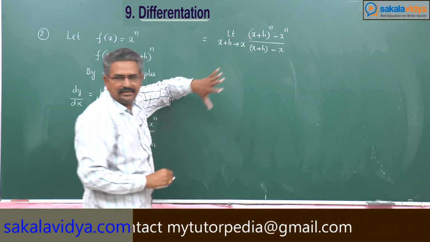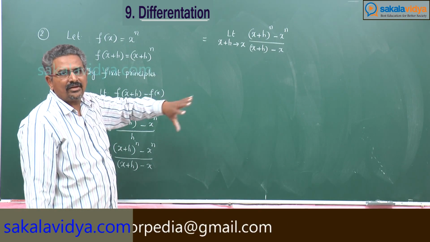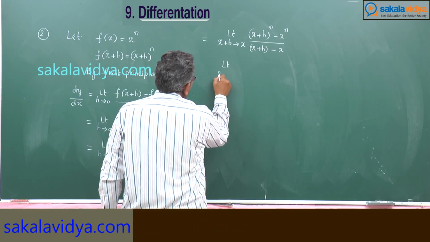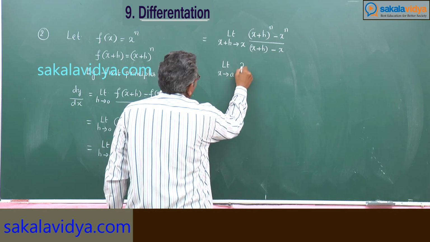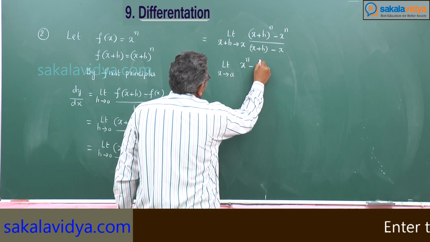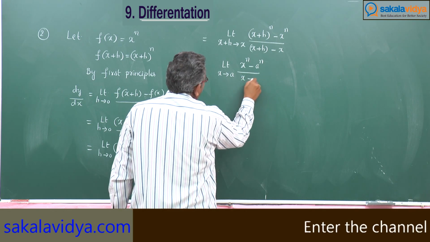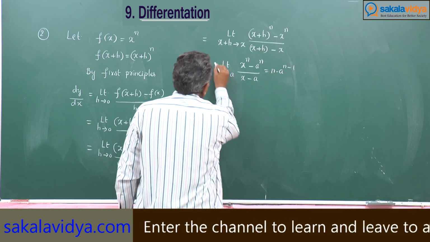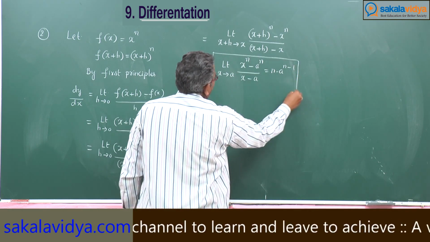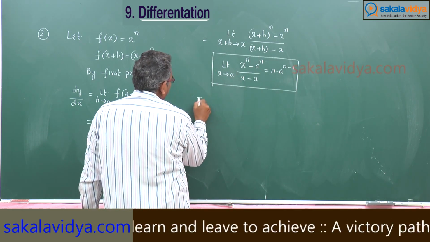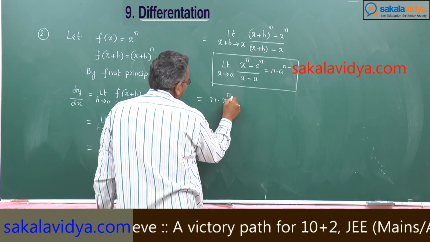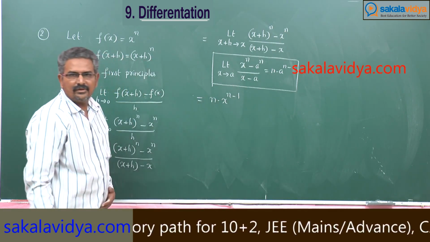How does it appear? In limits, we have already discussed, the limit x tends to a, x to the power of n minus a to the power of n by x minus a is equal to n into a to the power n minus 1. So, using this one, this can be written n into x to the power of n minus 1.